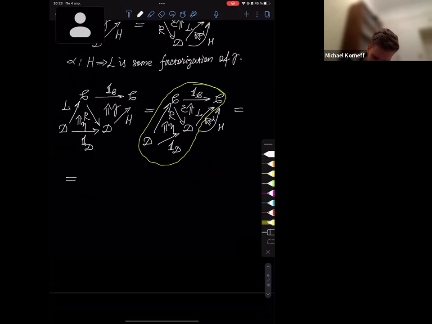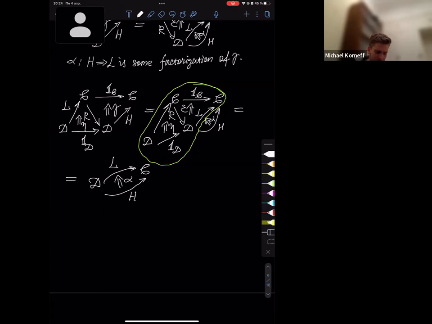Thus, we will have this simple, beautiful diagram, and it means that this factorization is unique because we have the following identification, where eta and gamma are uniquely determined two cells maps.